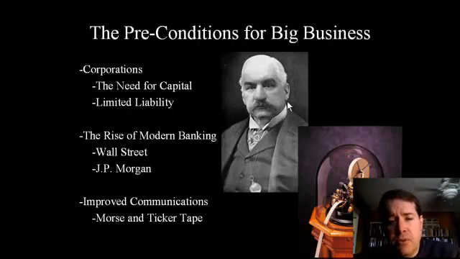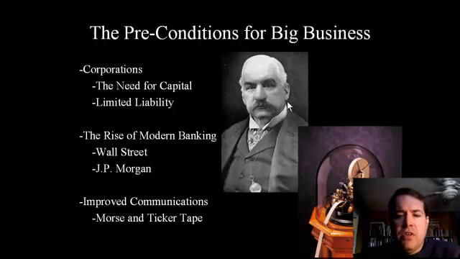And also, simply put, they could know the day-to-day trading of stock on Wall Street. They didn't have to actually be at the stock market on Wall Street. They could be getting information off of this machine.